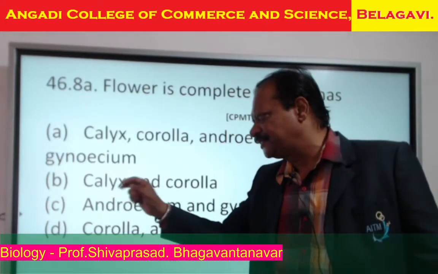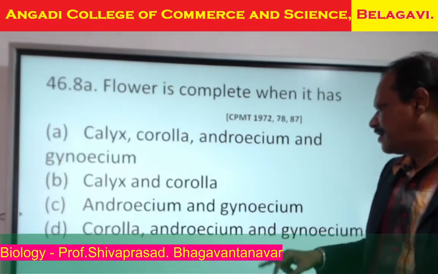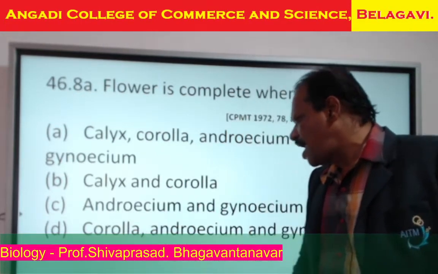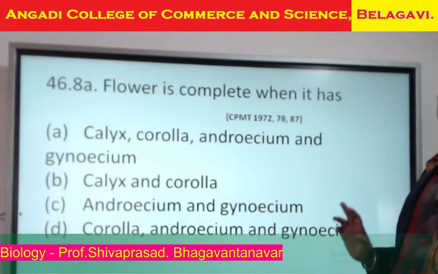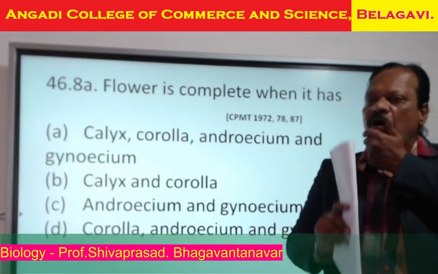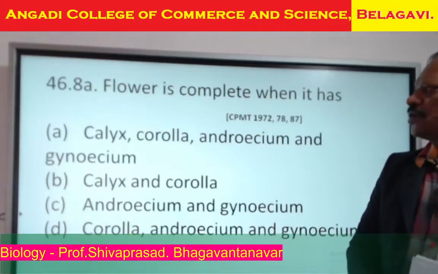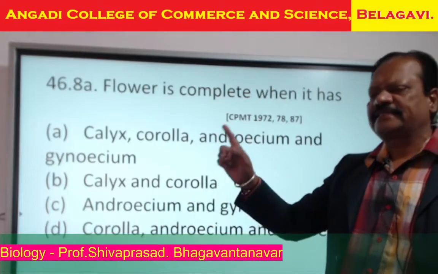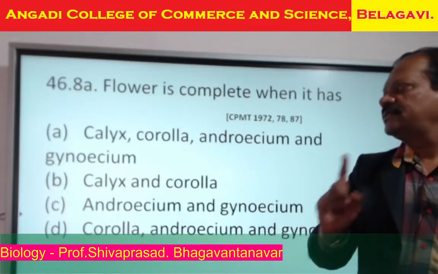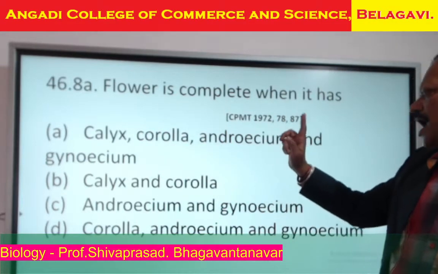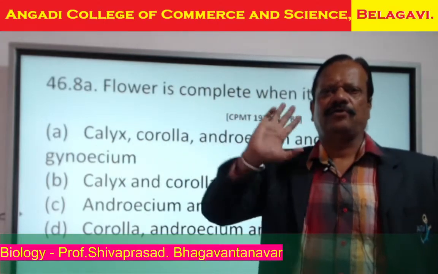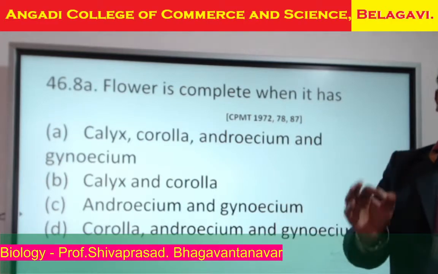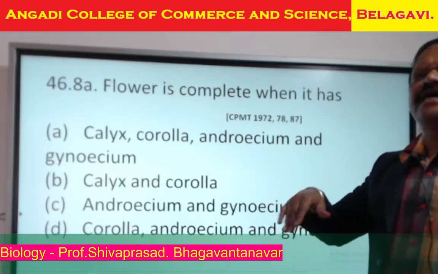Third, in C, androecium and gynoecium is given. Last option D, corolla, androecium and gynoecium. So, out of these four options, option A is the right answer. It is only because it contains all four whorls, that is calyx, corolla, androecium as well as gynoecium. So, as a result, here the right answer is option A. We'll move to the next slide.